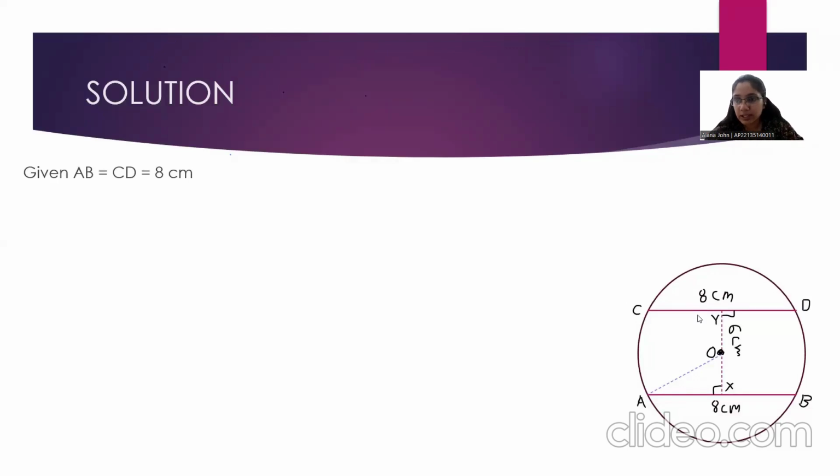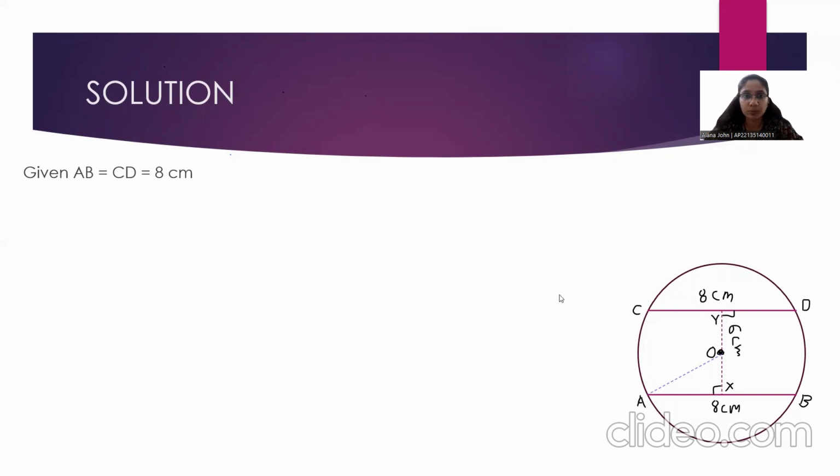In the question, it was given that the distance between these two chords is 6 centimeter, right? So in order to find this distance, we are drawing a perpendicular from the center to the chord AB. The perpendicular is named OX. And similarly, we are drawing a perpendicular from the center to the chord CD and naming it OY. Is that clear?